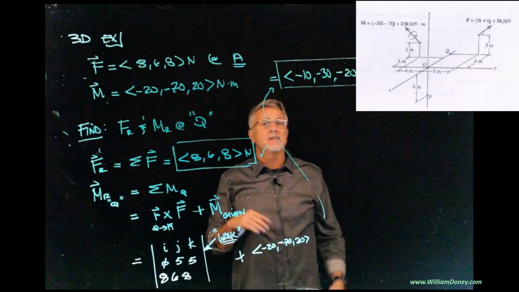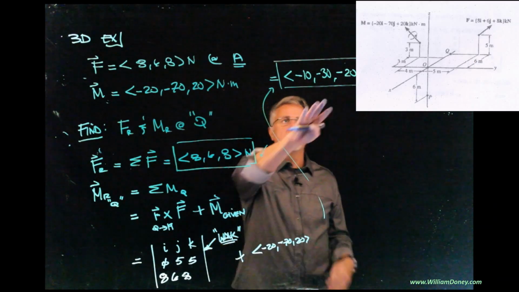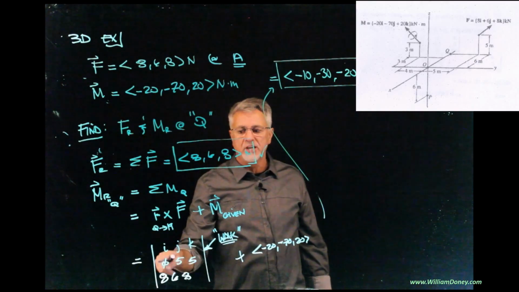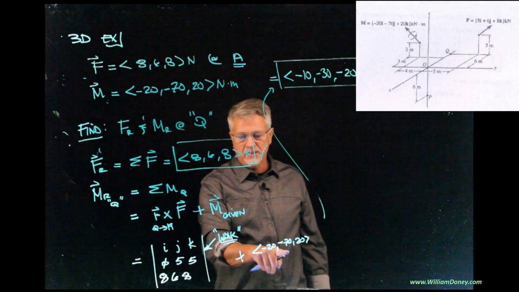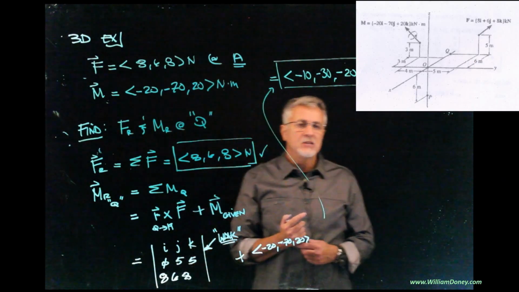Now, if I picked a different point, obviously this value would change because this value right here, this position vector changes for the R cross F. This doesn't change with the R cross F, which would change the answer. And that's just our 3D problem.